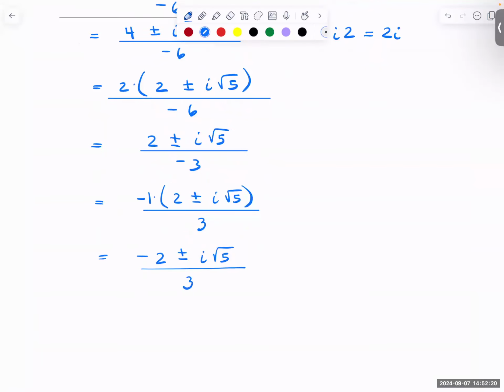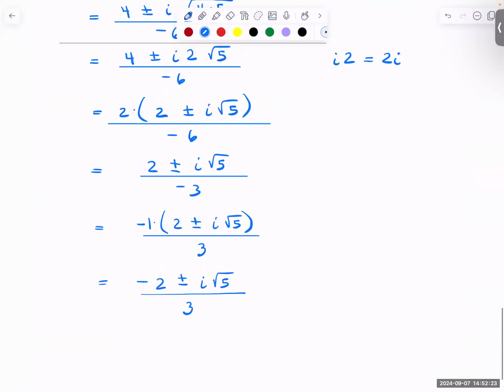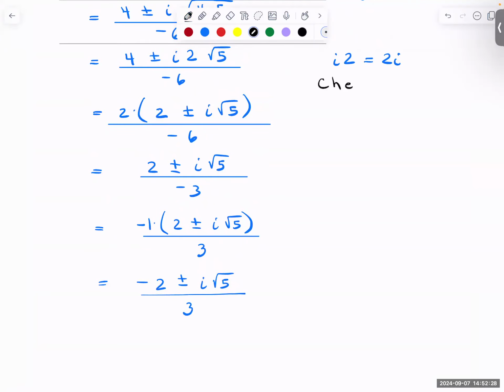Now, if we check by the sum of the roots method for checking, if we add the roots together, (negative 2 plus i square root of 5) divided by 3, added to (negative 2 minus i square root of 5) divided by 3, that should equal negative b over a.